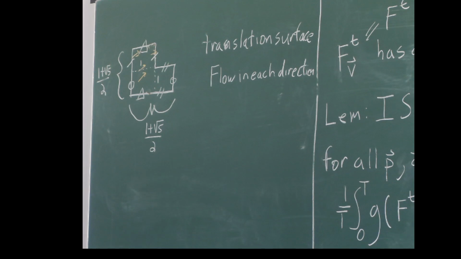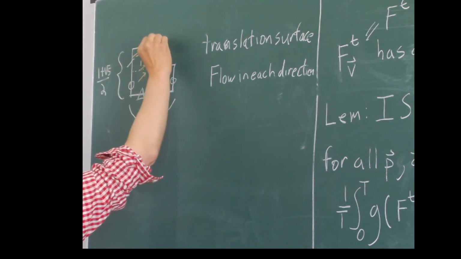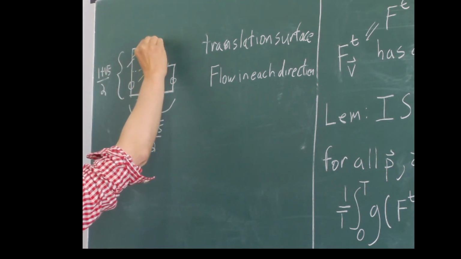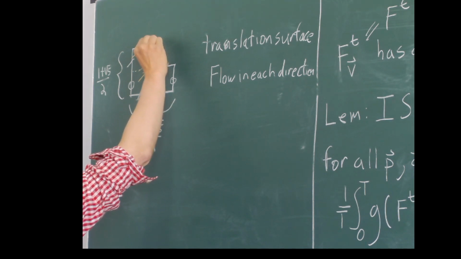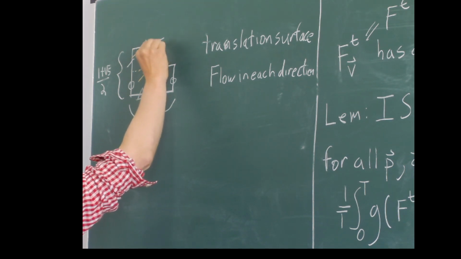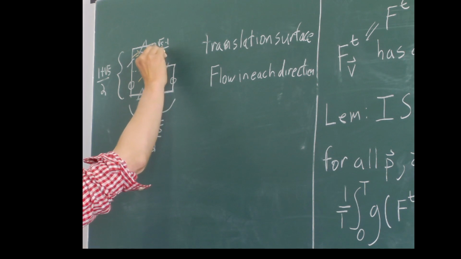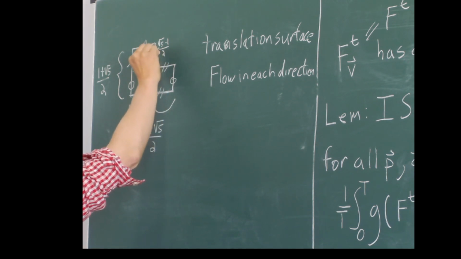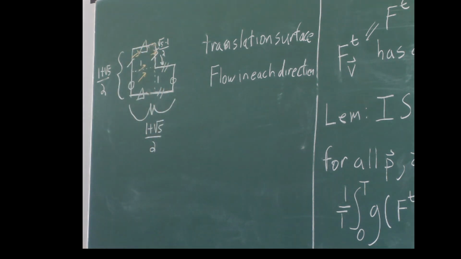And so this piece here is (1 plus the square root of 5) over 2 minus 1. That's going to be 1 over the golden ratio, and that's also (square root of 5 minus 1) over 2. That's going to be the length of these two sides. Everybody happy about this?